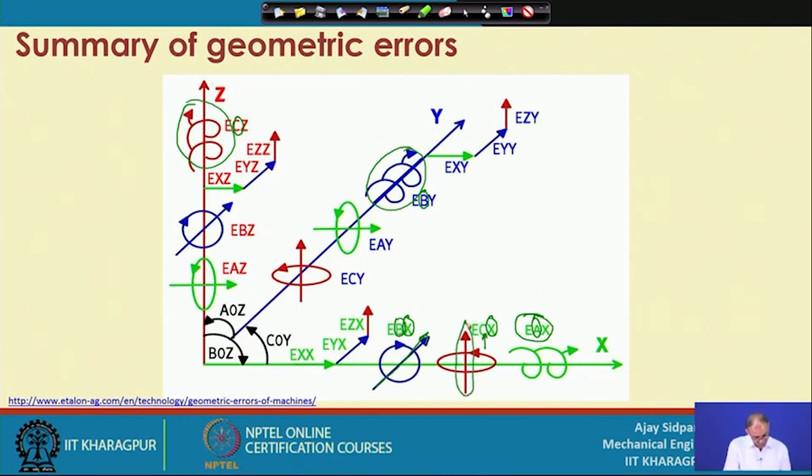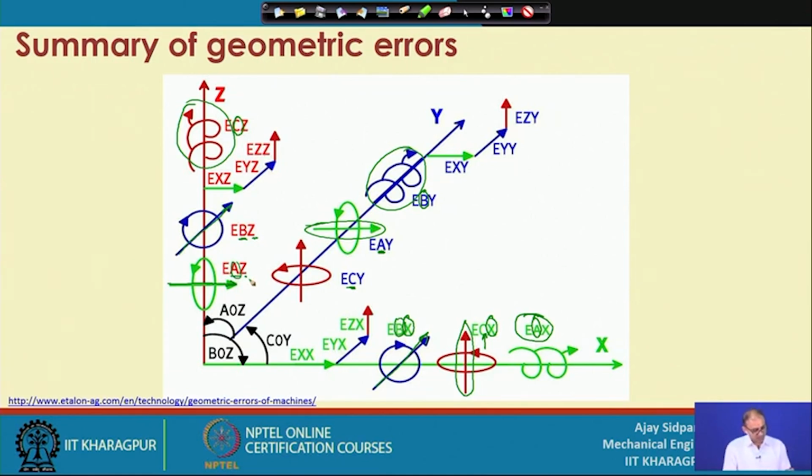So, this particular arrow is moving along the z axis. Same way for the y axis, you are getting an error in the x direction. So, your arrow is pointed towards the x direction and this arrow is pointed towards the z direction, because you are getting error in the c direction. Same way for here, you are getting an error in the b direction, but your motion is in the z direction. So, this arrow is parallel to the y axis, this arrow is parallel to the x axis, because you are getting an error in the a direction because of the rotation around the z axis.